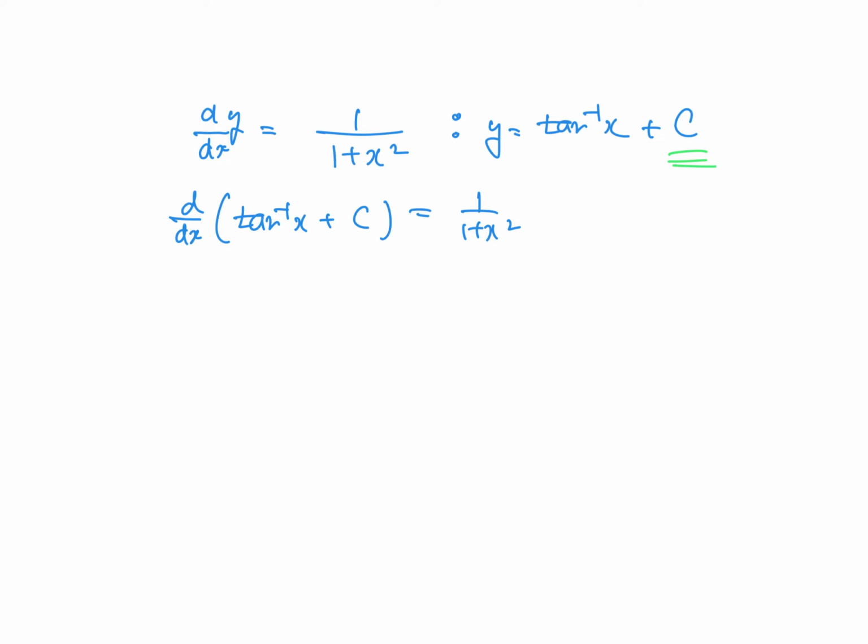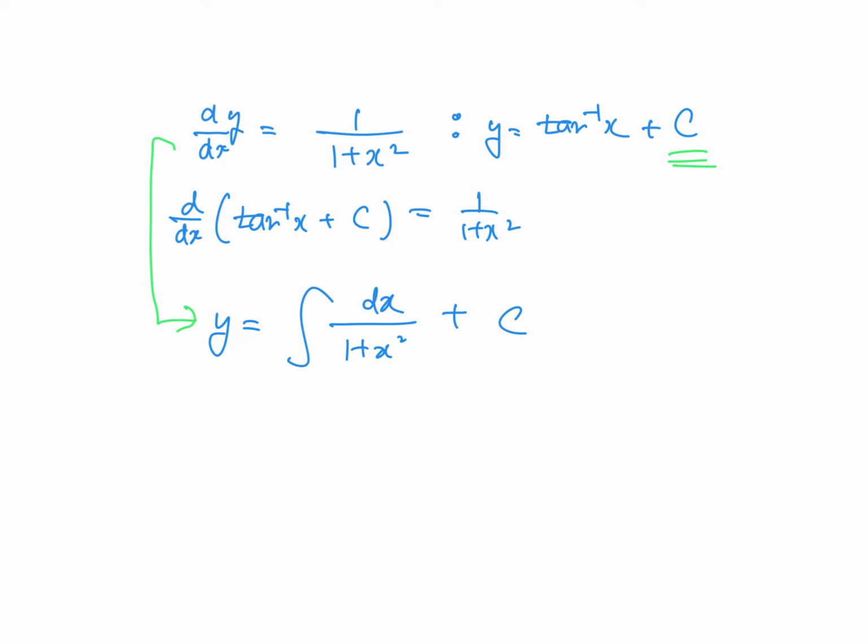Or in high school, you might have learned this way: the opposite of differentiation is integration. So another approach is that y is the integral, the opposite of a derivative.